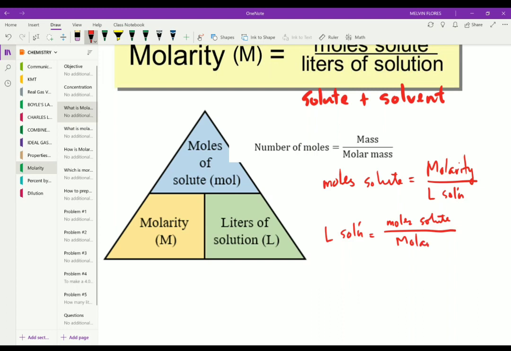By the way, if you're going to use symbols, moles is identified by the symbol n, and molarity is M. Liters of solution is the volume V, so M equals n over V.